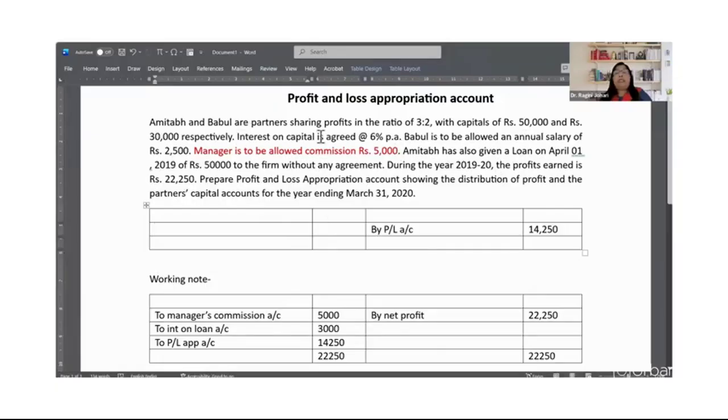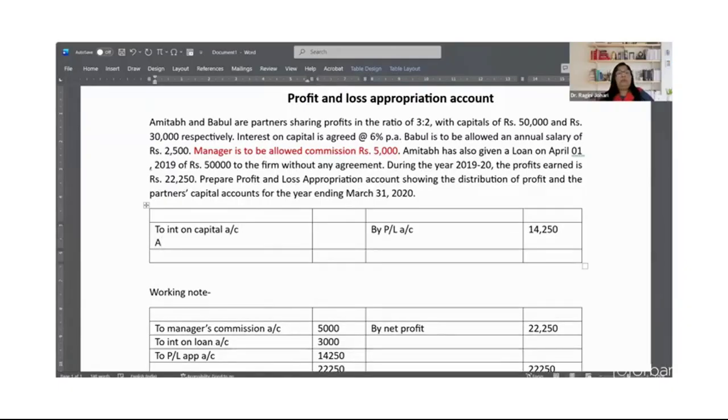So let us start with the first thing, that is interest on capital. Interest on capital is at the rate of 6% of their capital.